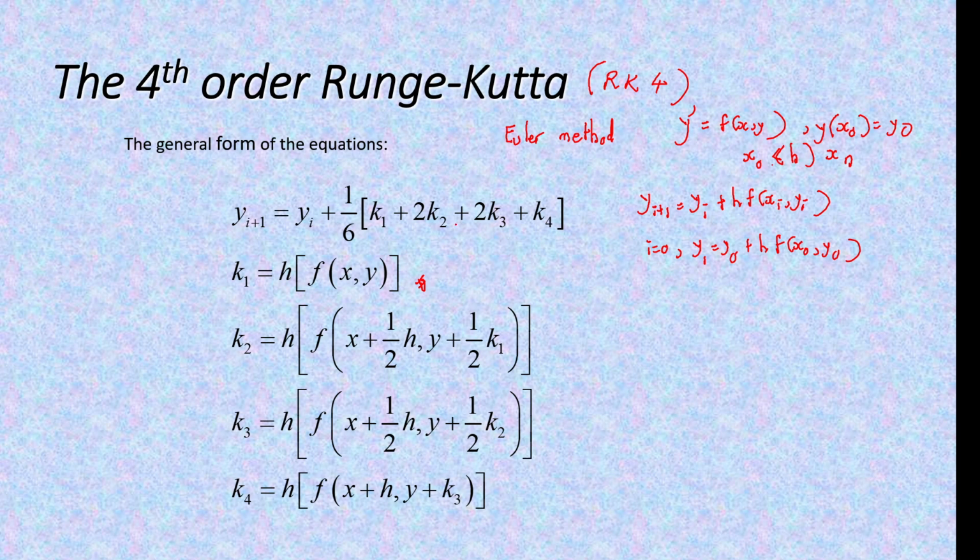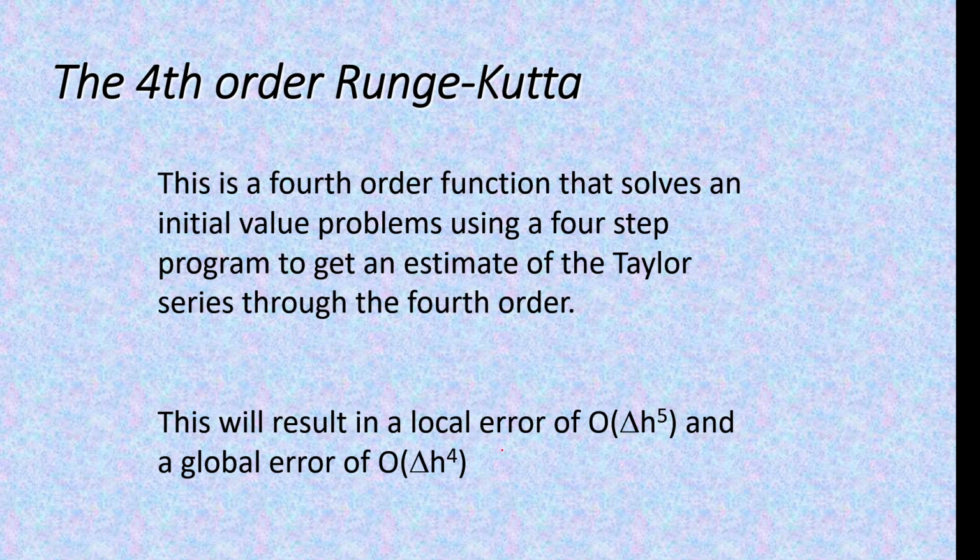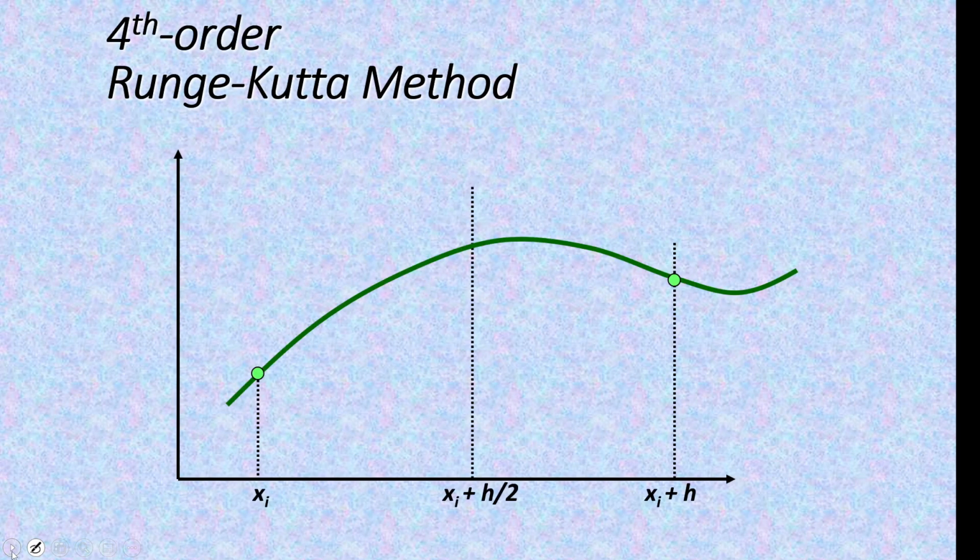Compared to this, Euler is easy but not that accurate, because it truncates at order h squared. This one is higher, with four steps, and the truncation error is order h to the power 4, compared to Euler's order h squared. So it is more accurate than the Euler method.